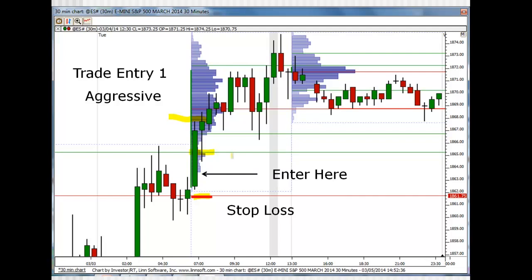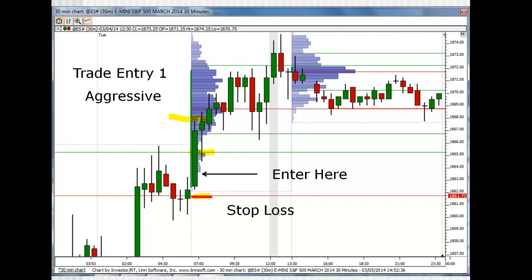So a lot of that is the timing of when you enter the trade. So if you enter aggressively, you may have to keep a fairly wide stop loss. If in fact you enter a little bit more conservatively, once this candle has formed, then you have a much tighter stop loss, if you will.